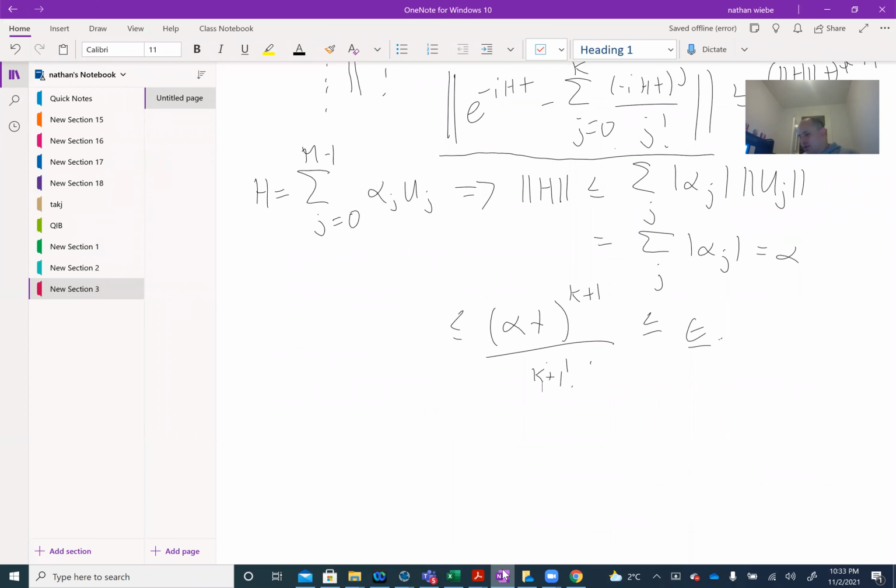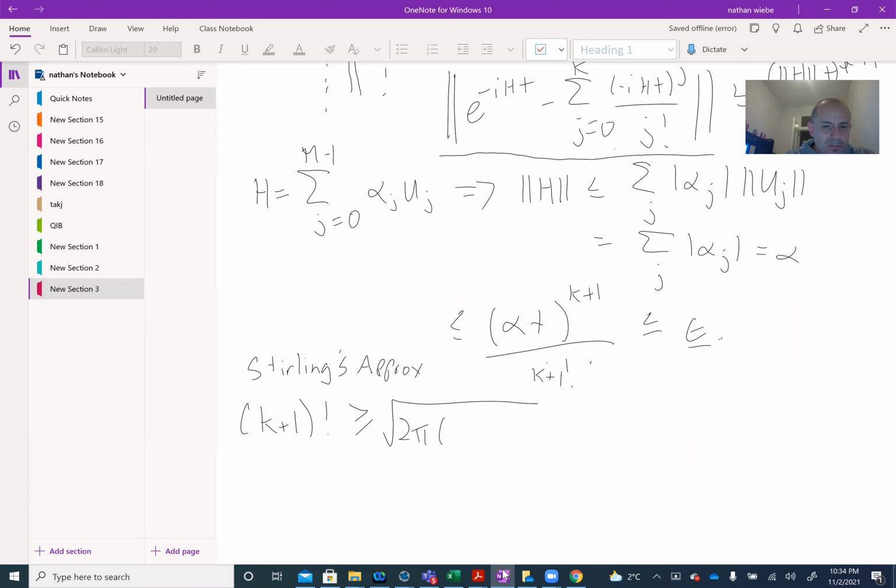So let's go back to the write-up. All right, cool. So now using Stirling's approximation, we have that (k plus 1) factorial is greater than or equal to root 2 pi (k plus 1), times (k plus 1) to the (k plus 1) power, times e to the negative (k plus 1), times e to the 1 over 12(k plus 1) plus 1.